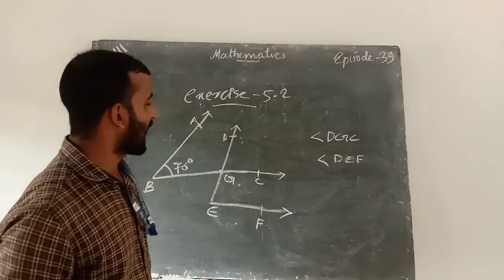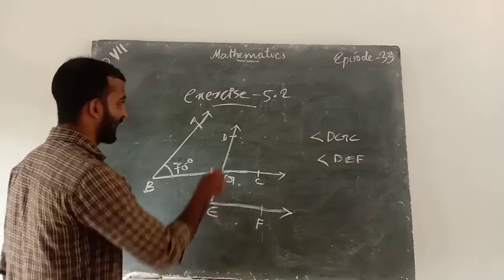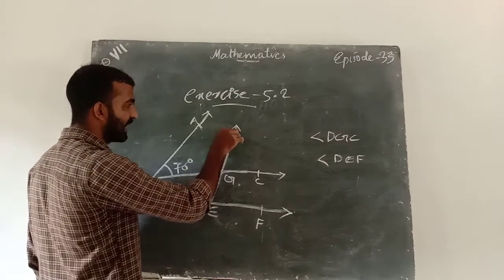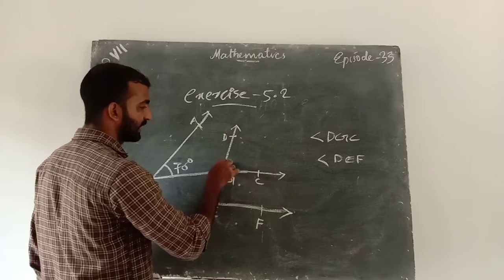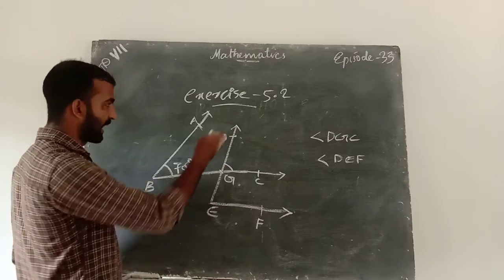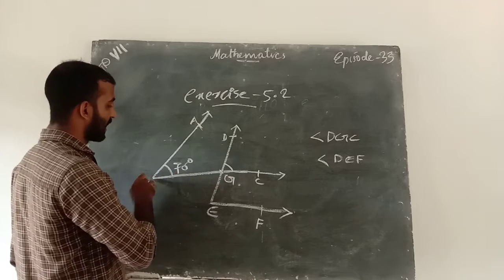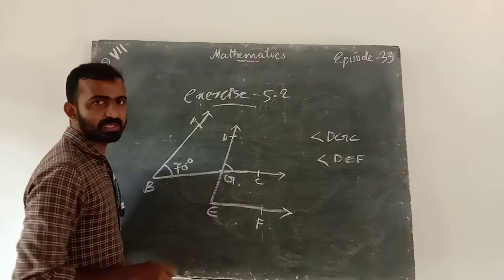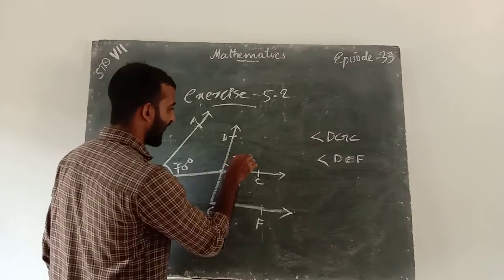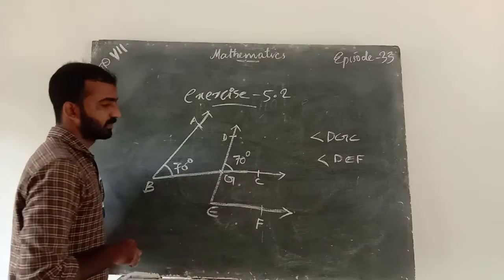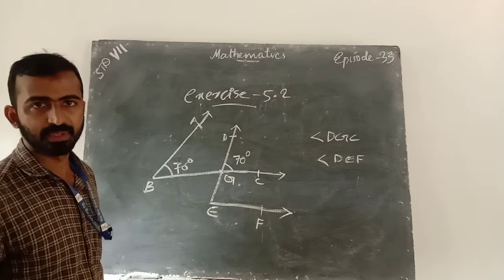So what is angle DGC? These lines are parallel, so we can consider this as a transversal. Then this angle is 70 degrees.